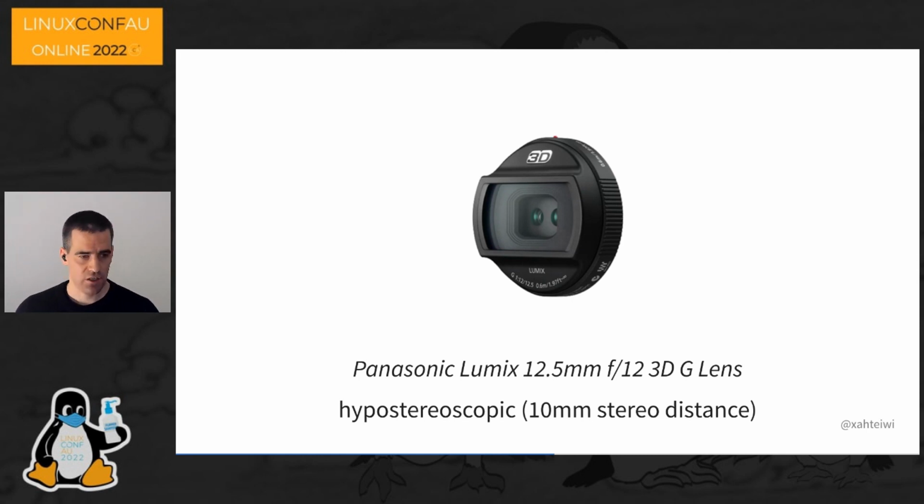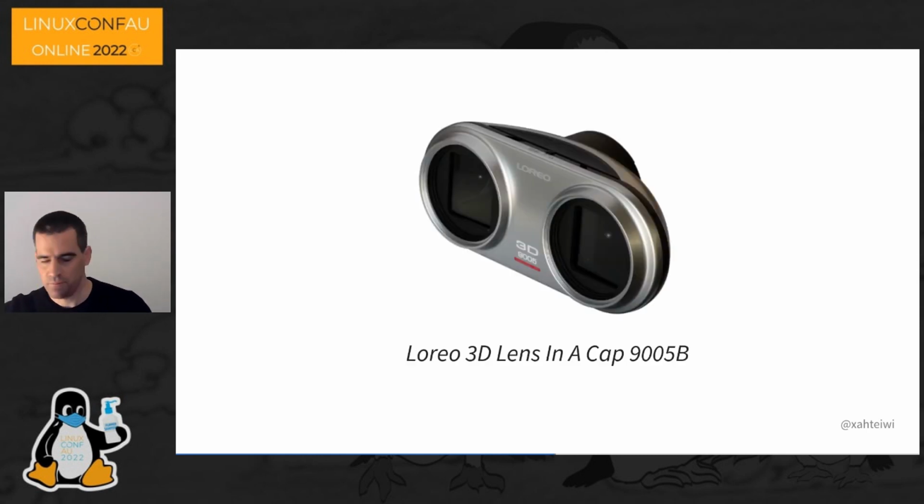But there's the next step, which is this thing here. I actually have a prop of this because I happen to own this thing. So it looks like this when it's attached to a camera, right? And this thing, as you can see now, if I hold it up to my face, has roughly the same distance as my eyes.